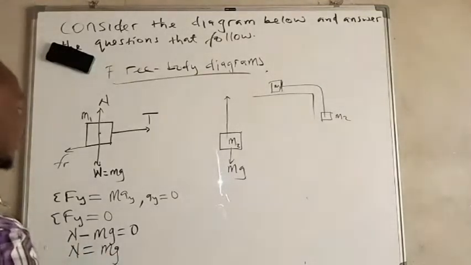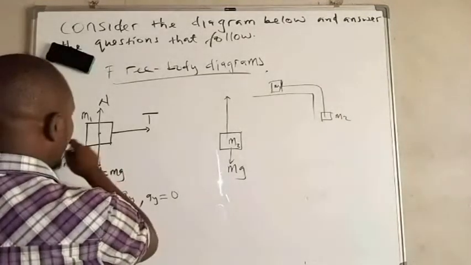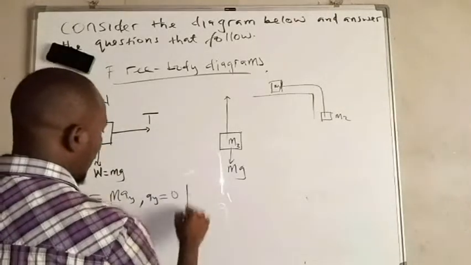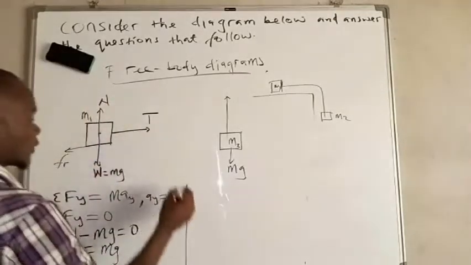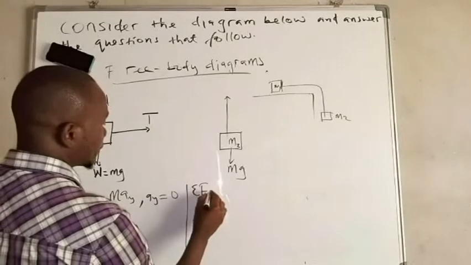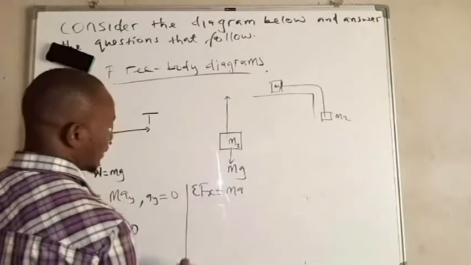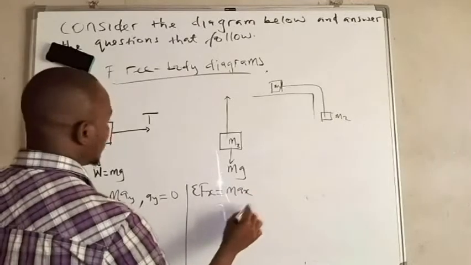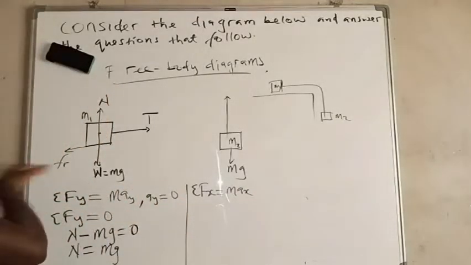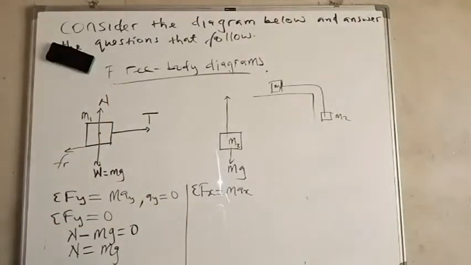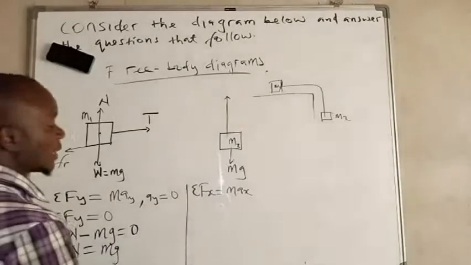From here we can proceed to the summation of forces in x. The summation of forces in x must give us m a_x. Since the motion is assumed to be going in this direction, the acceleration has some value.